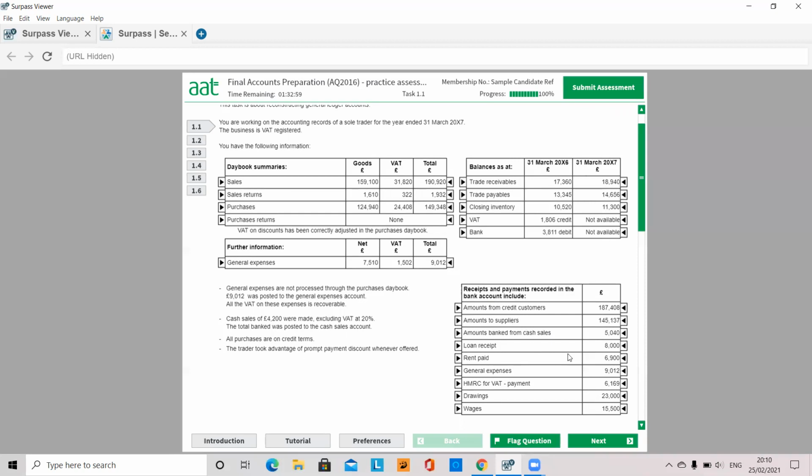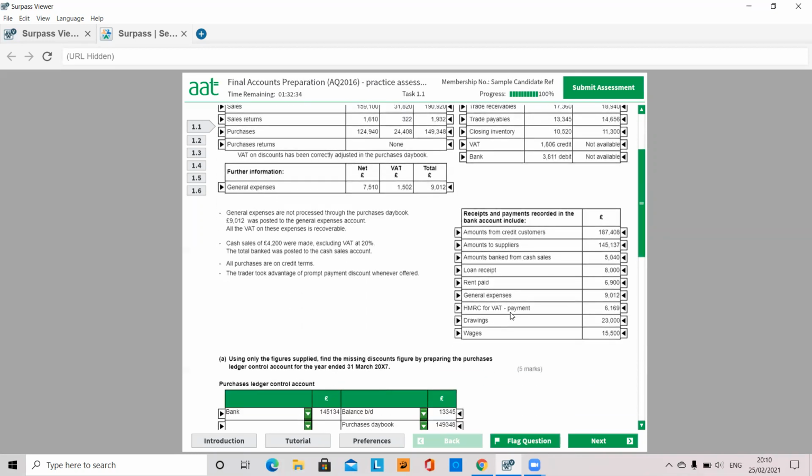We've received a loan of £8,000. We've paid rent 6,700. We can see those general expenses here of 9,012. We've made a payment to HMRC for VAT of 6,169. Drawings, so the owners have taken drawings out of the business, 23,000, and then we've got wages paid of 15,500.